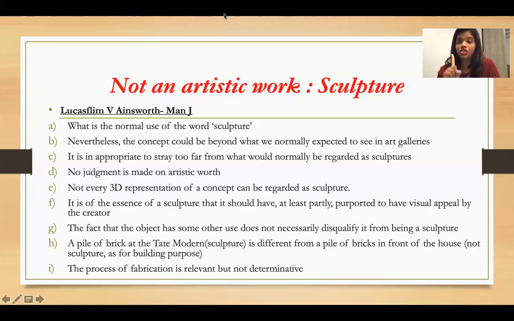This applies only when it comes to sculpture, okay? If you see the A to I, that is what you ask yourself to see whether this design would be considered a sculpture or not. So you ask yourself these questions and see what the normal use of the word sculpture is. When I tell you what a sculpture is, you will think of something that I have sculpted, okay? Say a tree.